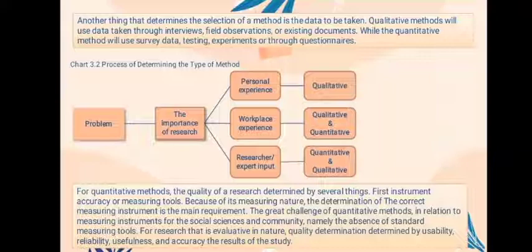Next, for quantitative methods, the quality of research is determined by several things. First, instrument accuracy or measuring tools. Because of its measuring nature, the determination of the correct measuring instrument is the main requirement.